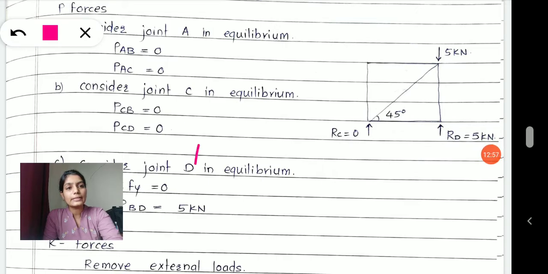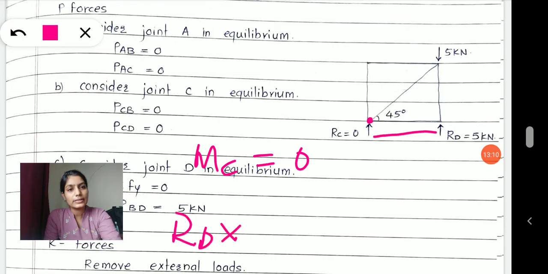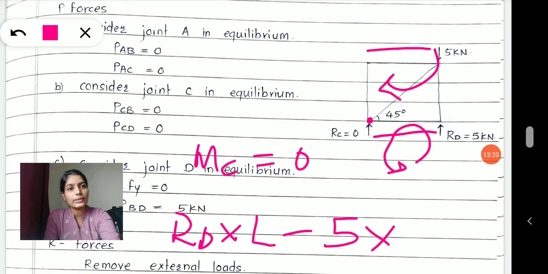Then I will take summation of moment at C equals to 0. At this point I am adding the summation of moment equals to 0. So Rd into this horizontal distance L, taking anti-clockwise positive, so clockwise will be negative, 5 into horizontal distance L. This L and this L will be the same because both are the same distances, right?